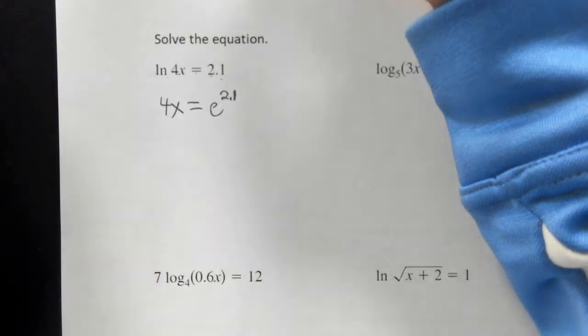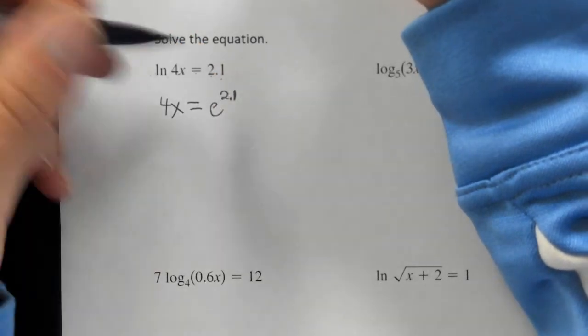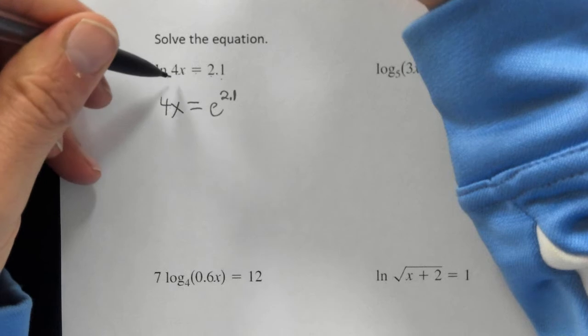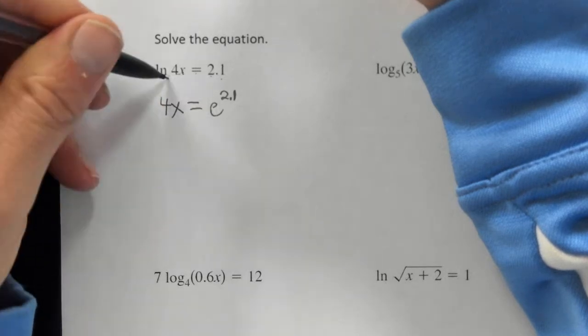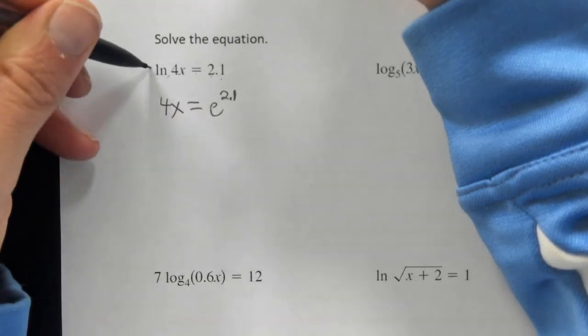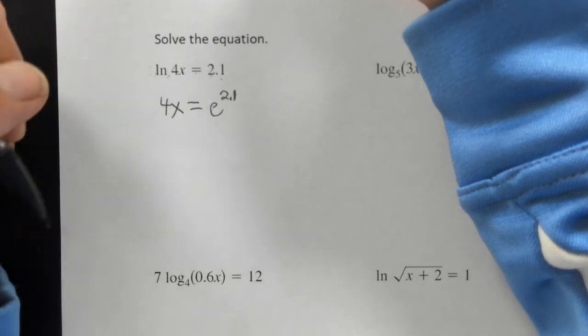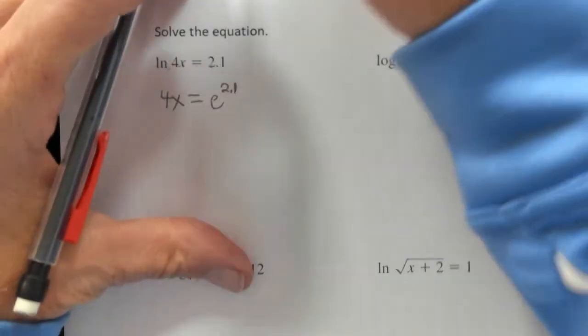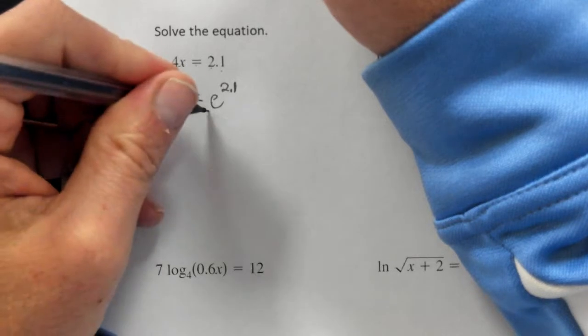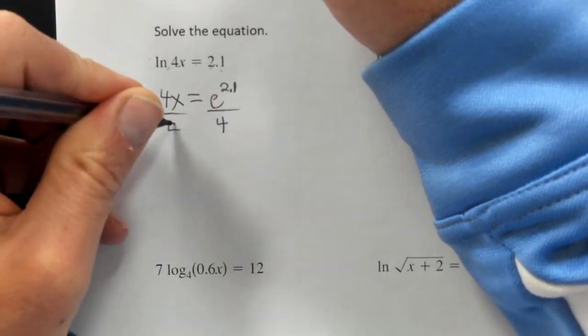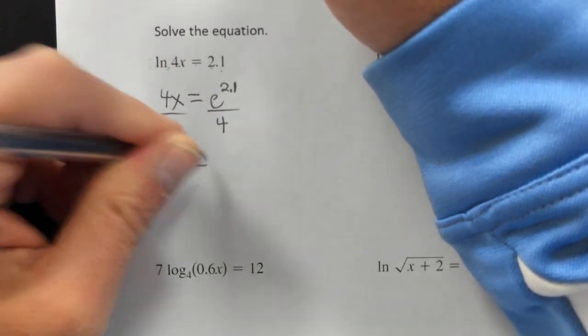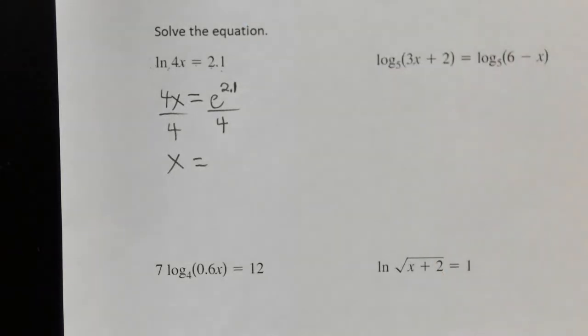And so, again, I just rearranged it. This equals the base e raised to this power. I'm just rewriting it from natural log to exponential form. So from here now I can just divide it by 4 and we will come up with the right answer. And I can let my calculator finish it for me.